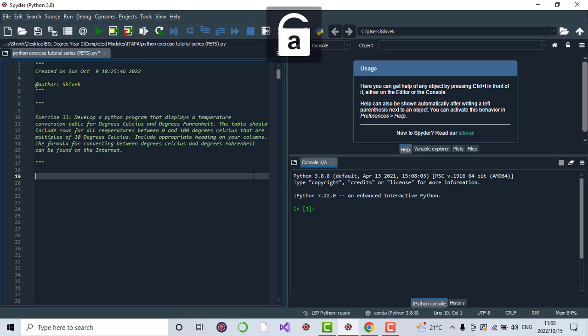So what we can do for this is use a simple for loop. Reason being, the question tells us that they'd like us to have temperatures between 0 and 100, so we know how many times we are looping. So a for loop would be fine. And also multiples of 10.